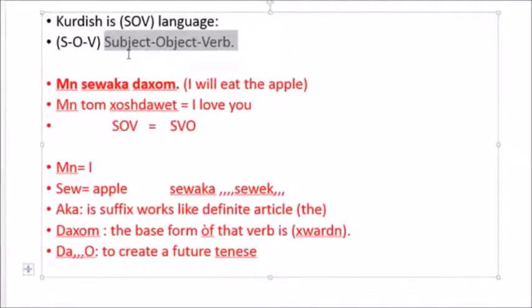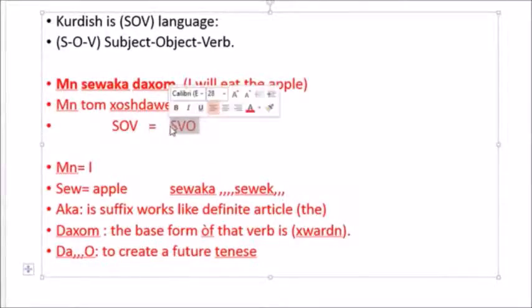So the doer will come first, then the thing that is affected by the doer, then we talk about the verb. So we have subject, object, then the verb. Okay? So it's an SOV language. But this order is different in English. English is SVO.